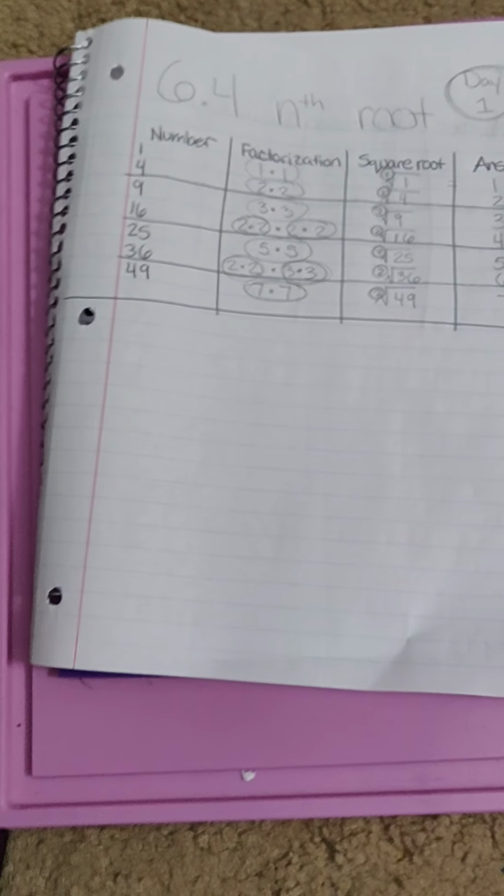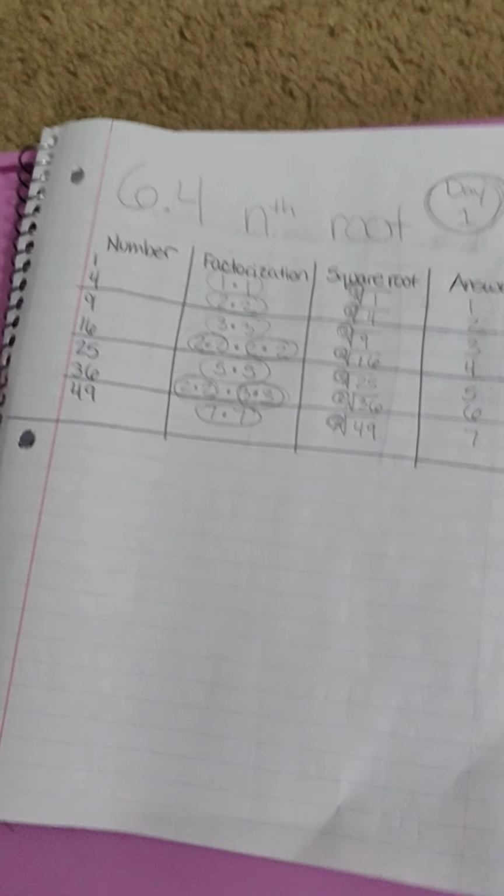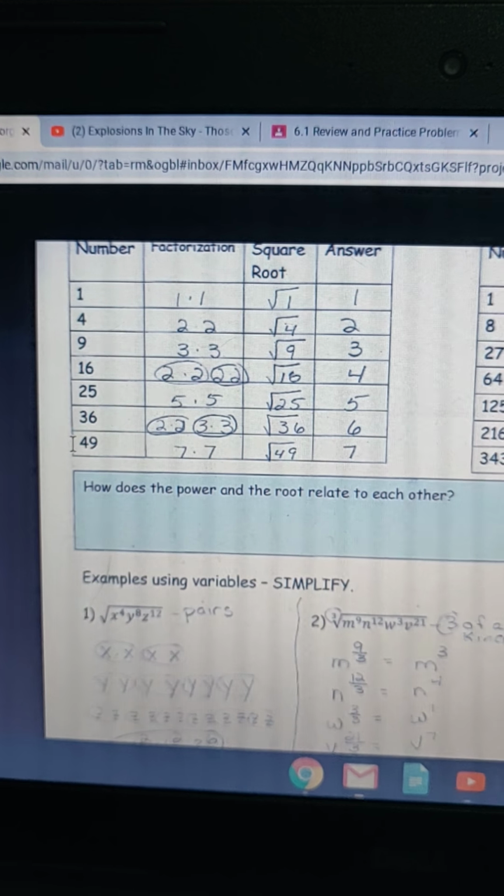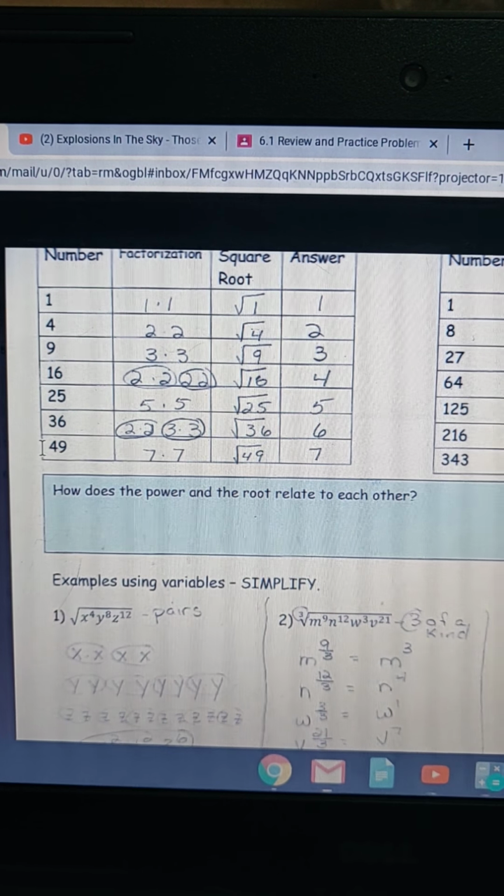So over here, when you're looking at the notes that Miss Bear posted online, you're going to see here how it has in blue, how does the power and the root relate to each other.